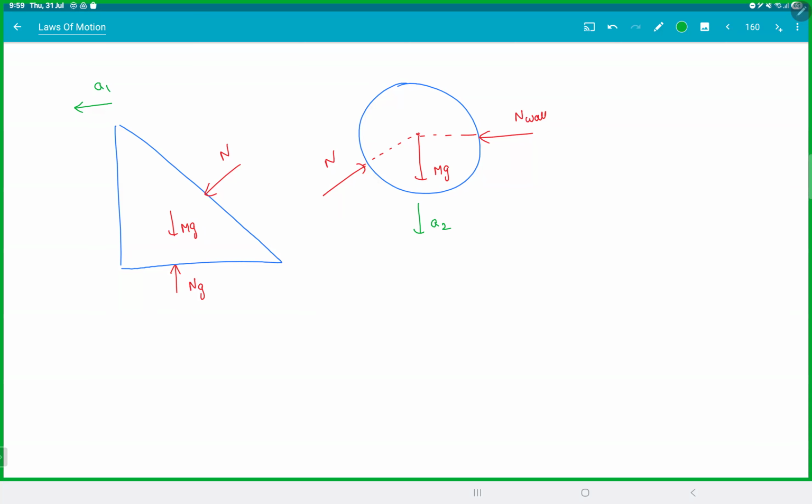G by 1 plus tan theta could be. Even I don't remember the answer exactly. Anyone else got that?